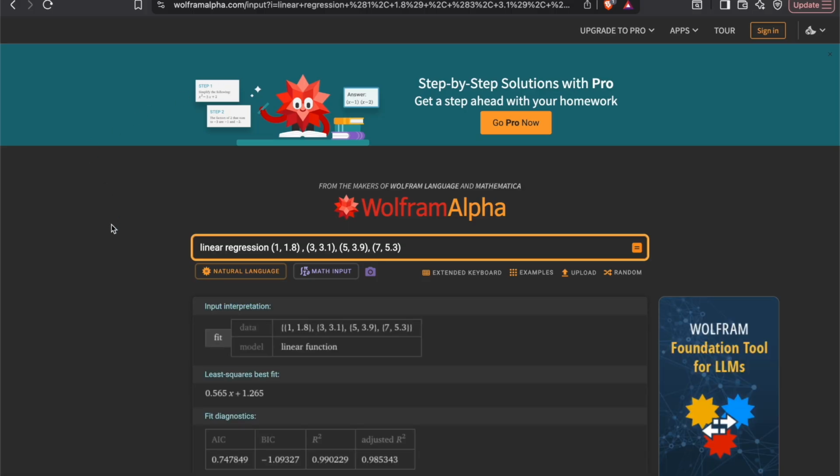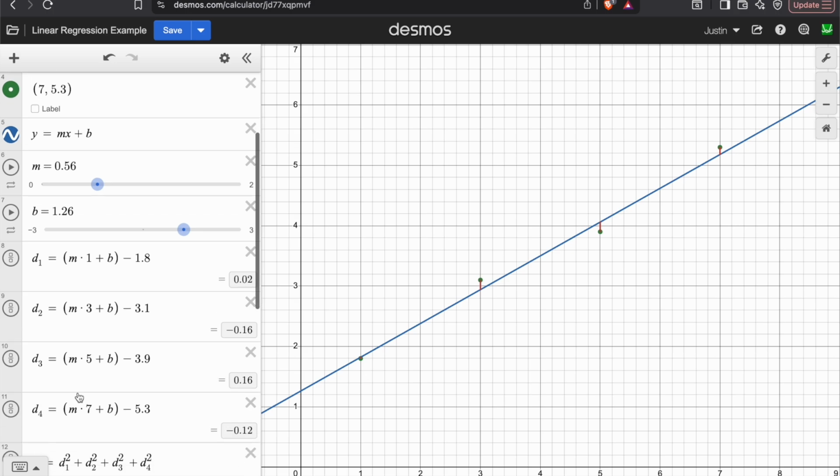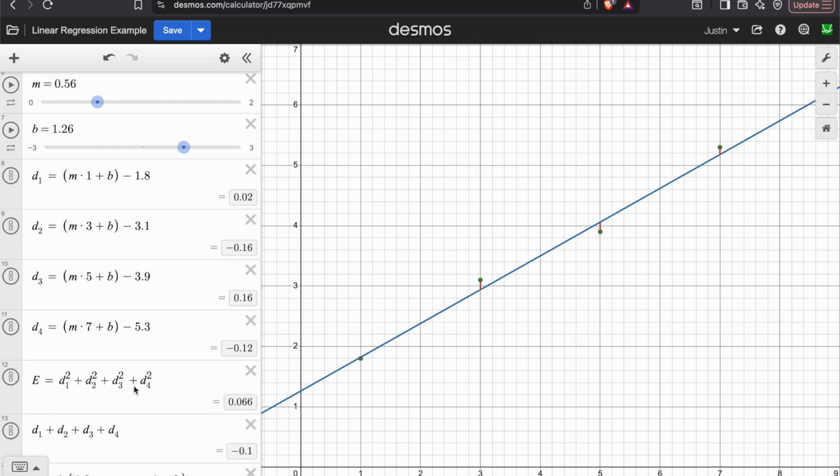It goes through, and there is a method of making this E right here as small as possible. And if you take calculus, you will know how to do that. There is a way of taking this E and changing M and B, just like we're doing here, right?